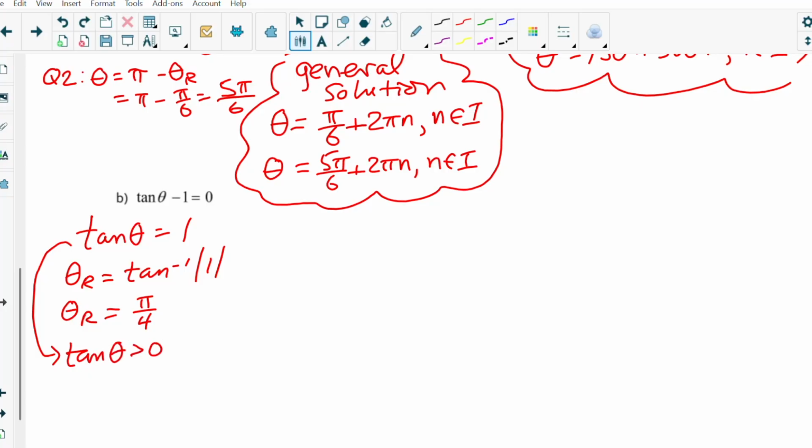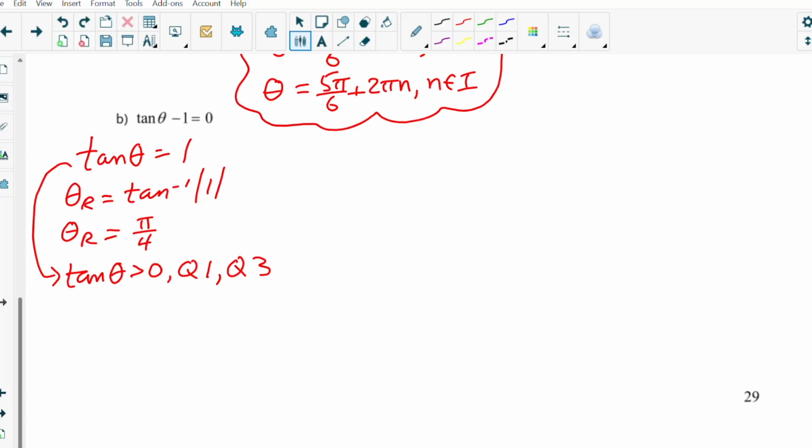From here, tangent of theta is greater than 0. It's positive, so I need to be in quadrant 1 or quadrant 3. In quadrant 1, I know that the angle in standard position equals the reference angle, and that equals pi over 4.